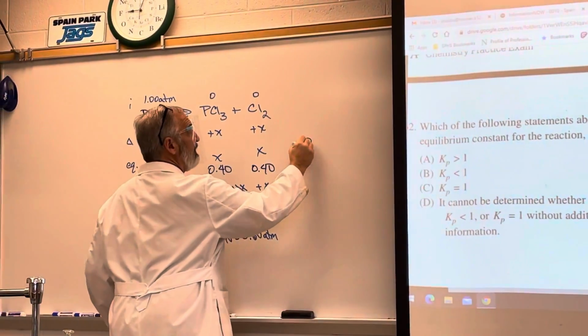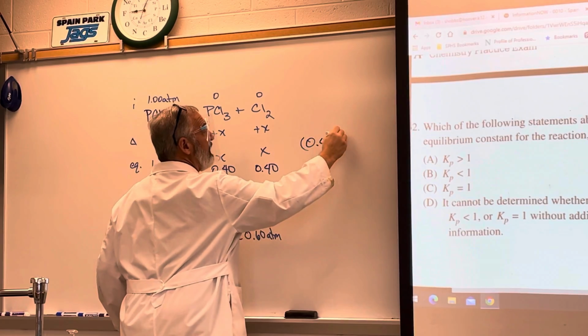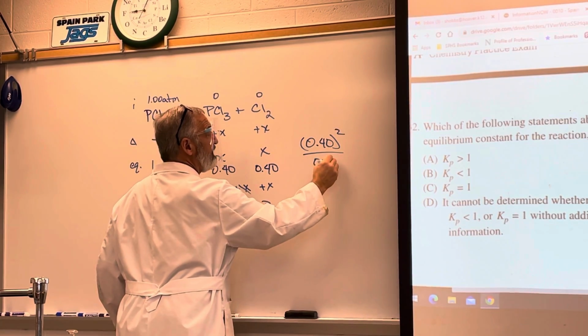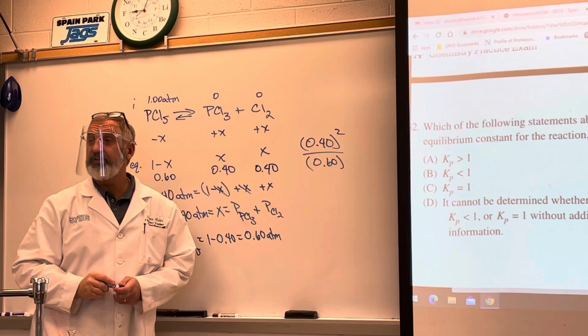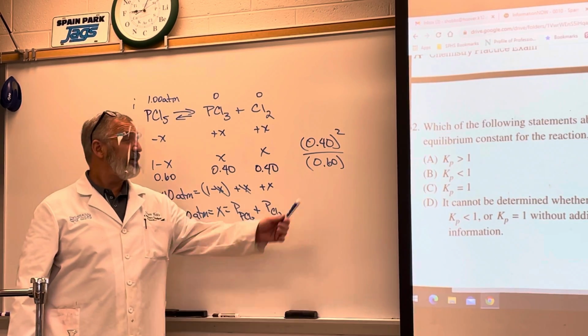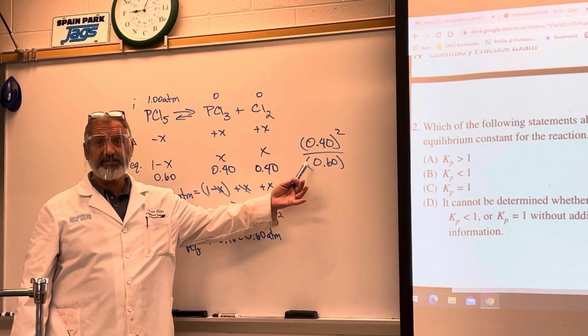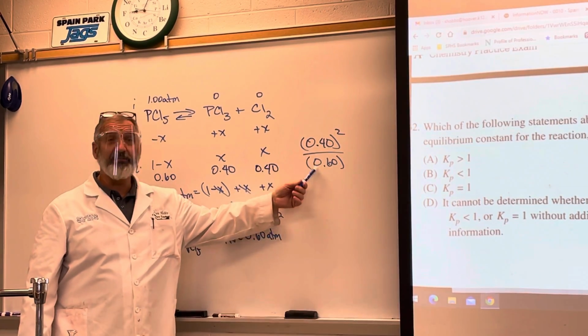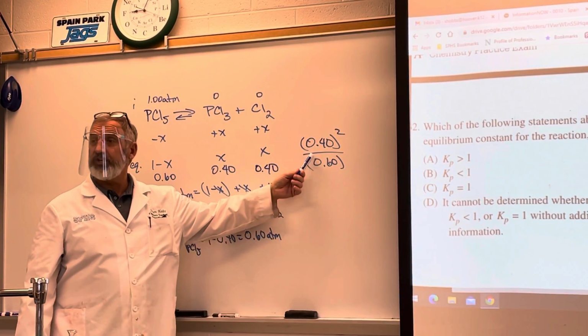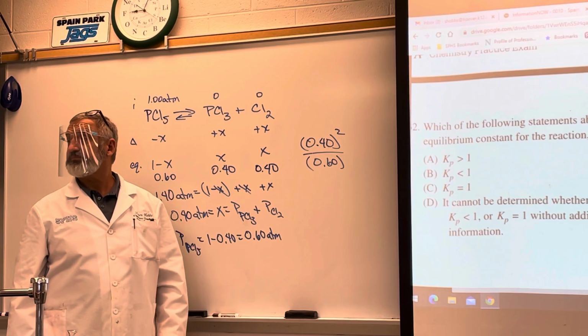So it's going to be 0.4 squared over 0.6. Which number is going to be bigger, the numerator or the denominator? Denominator, so it's going to be less than 1. You don't have to be able to work it out, but you should be able to tell just by this ratio that it's less than 1.